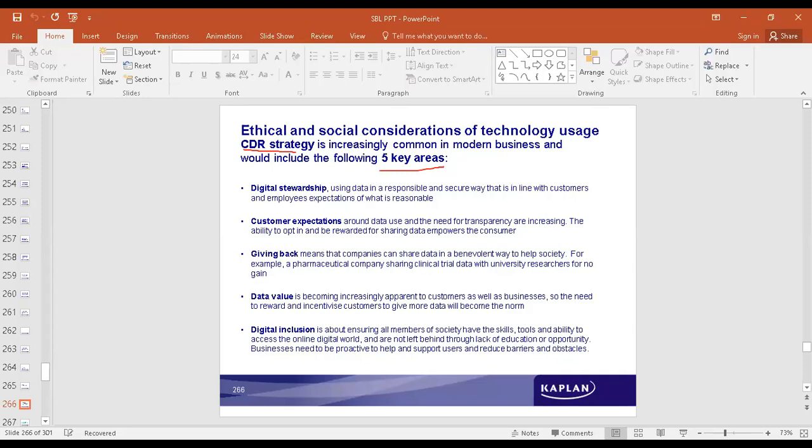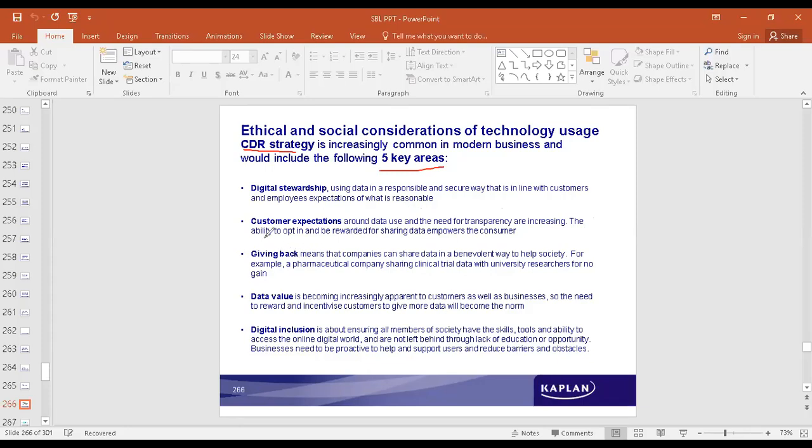Then we see meeting the customers' expectations. Customers' expectations around data and use, the need for transparency, are increasing.